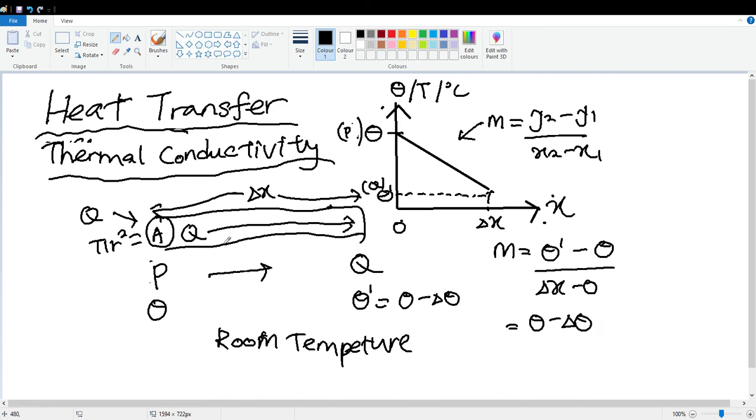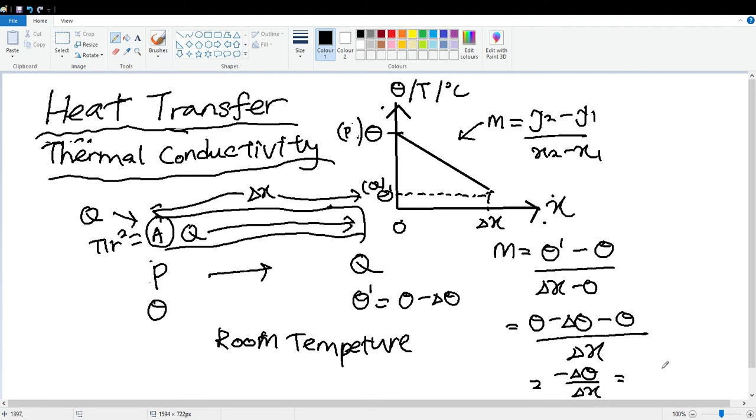Change in theta is the temperature along the point from P to Q. So what we get finally is the change in theta, from point P to point Q, divided by the change in x.